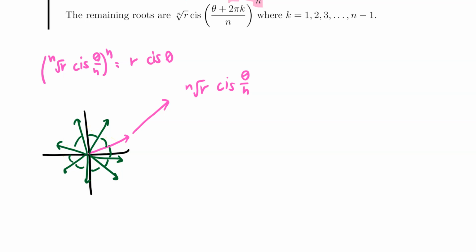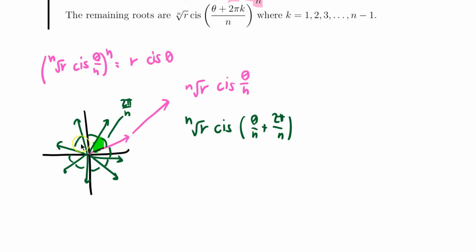The green angle here is going to be 2 pi over n. So if I were to find this next guy, the polar coordinate for this guy is going to be the nth root of r cis of theta over n plus 2 pi over n. So that is my next guy.